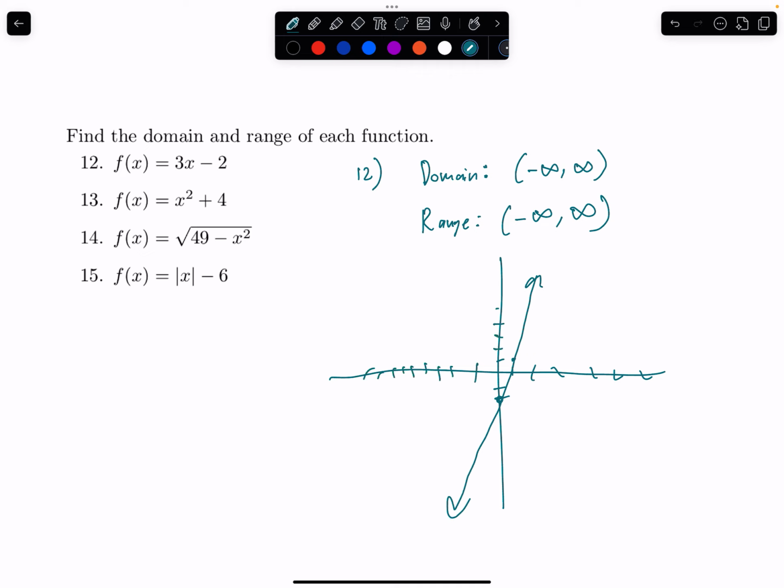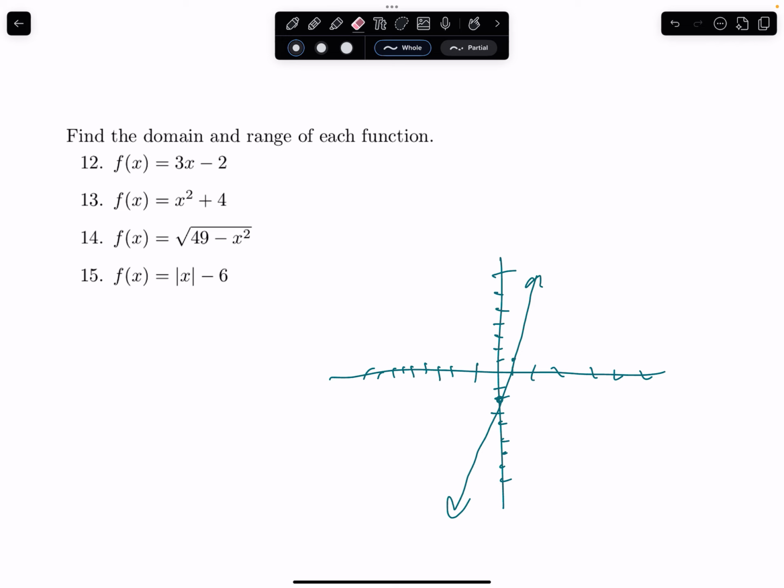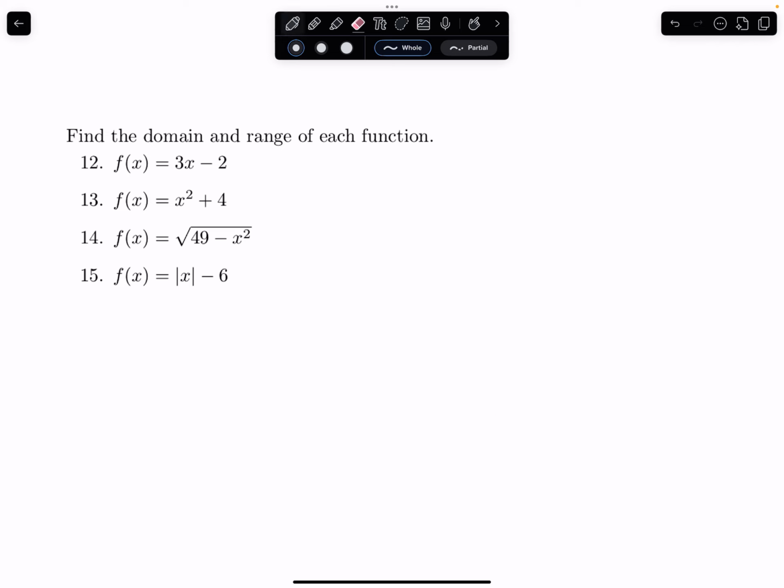That's going to encompass any x value to the left. It goes as far high as I want or as far down as I want. And there's no breaks in it, so I get every single value. So all that matches what I said about the domain and range. It's -infinity to +infinity, everything. Okay, not so bad. 13 now.